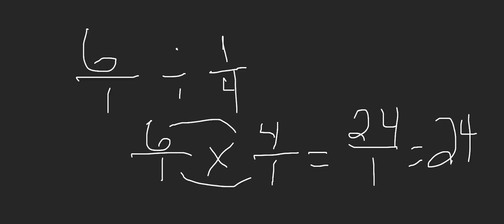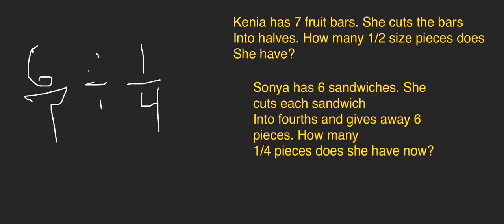But what it said in the problem, if we go back, is that she gave away 6 pieces. So she had 24 pieces, the quotient, but she gave away 6.